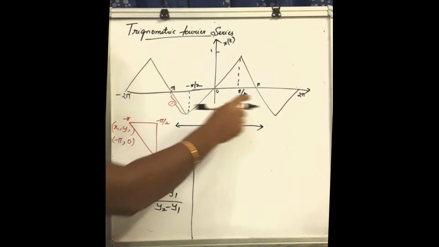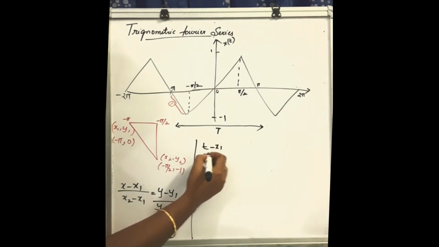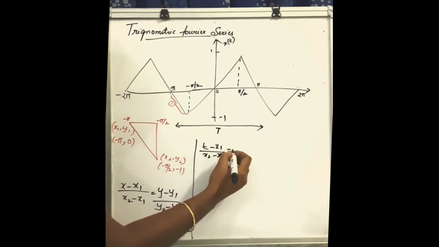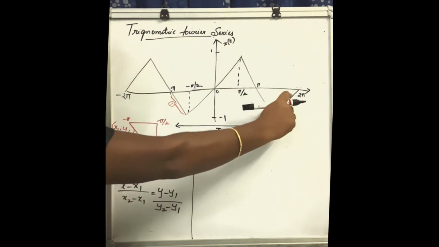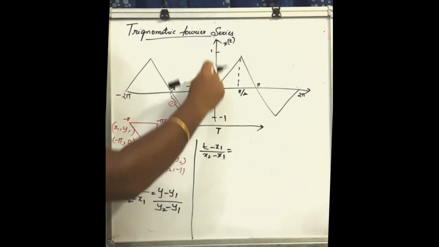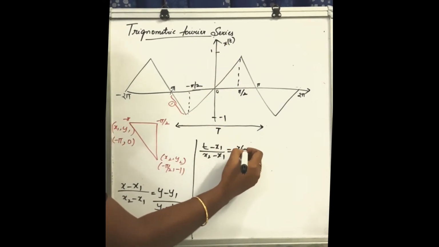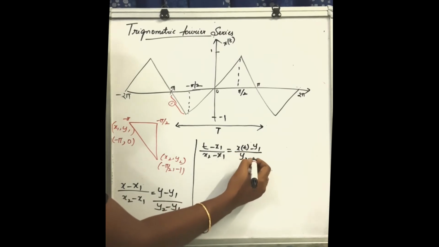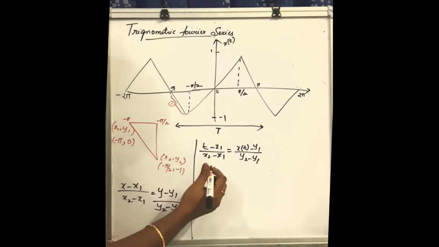Here x stands for t, and y stands for x of t. Your x-axis is t and y-axis is amplitude x of t. Substitute the values of x1 and y1.